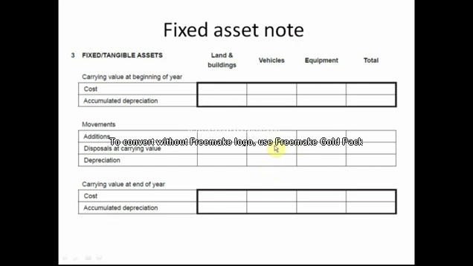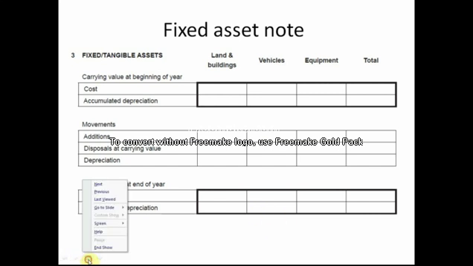By definition, accumulated depreciation is the sum of depreciations over the years. So let's restate: accumulated depreciation at the beginning of the year plus depreciation during the year minus the accumulated depreciation related to the assets that we disposed during the year equals the accumulated depreciation at the end of the year.